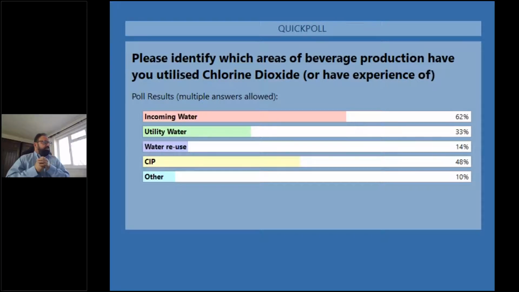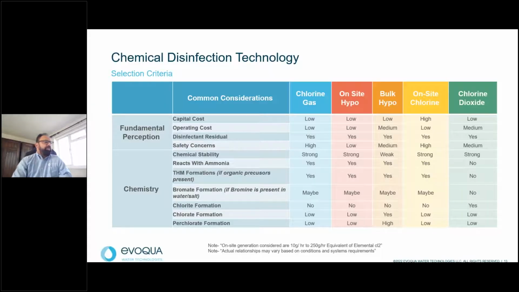It is interesting to see that it is also in the CIP for chlorine dioxide, which is really in line with what our expectation was. So thank you for participating in this poll, and let's go to the next slide, please.